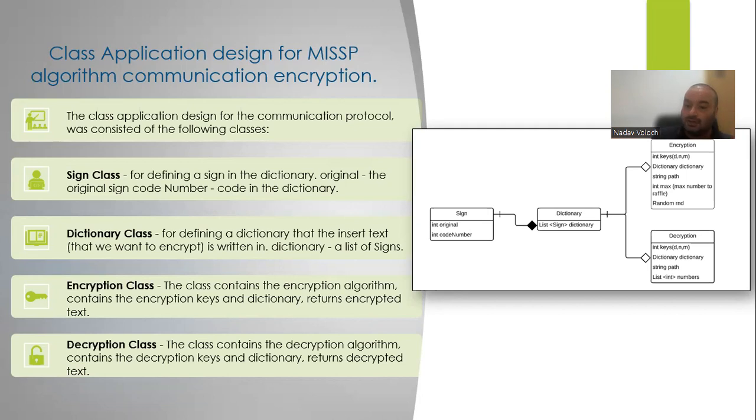And we have a dictionary class that includes lists of signs, and one class is actually sign to code, the actual number, to translate it into ASCII characters, and thus being able to create an actual verbal message in English. So this is the basic technological scheme of the system.